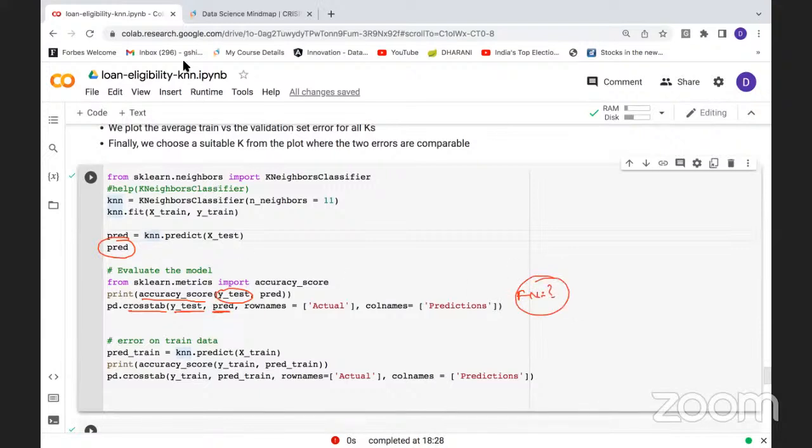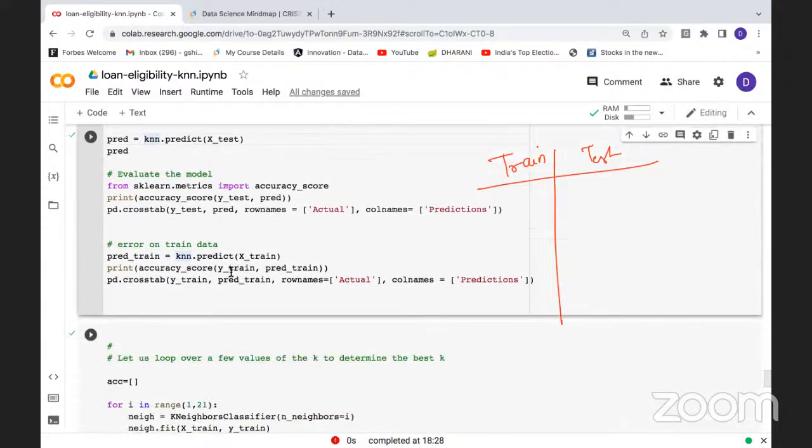As I told you, you are not only testing on test data, you are also testing on train data, to check how well your training happened.